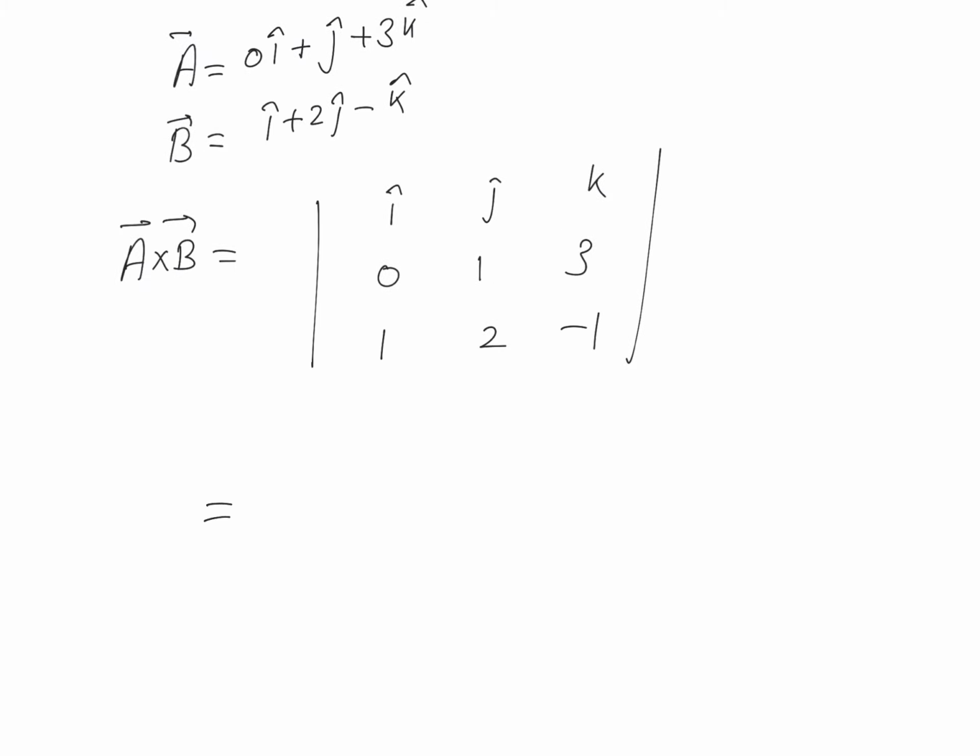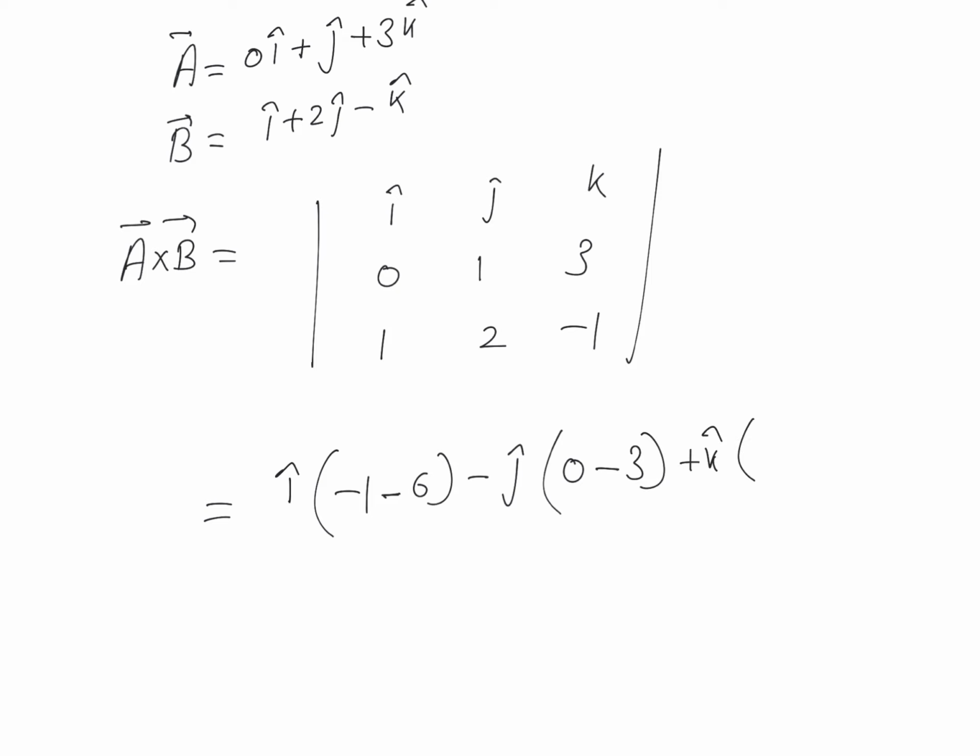So a cross b is equal to i cap into, we'll cancel this column and row, so 1 into minus 1, that is minus 1, then 2 into 3, that is 6, so it is minus 7. Minus j cap into 0 into minus 1, that is 0, minus 1 into 3, which is 3.